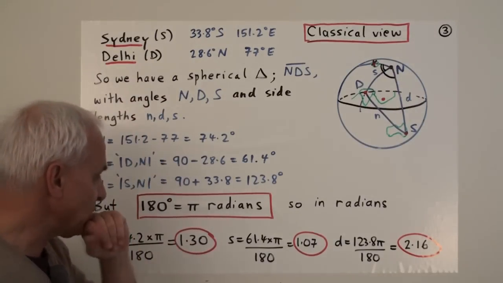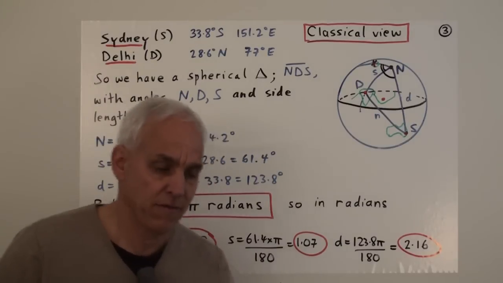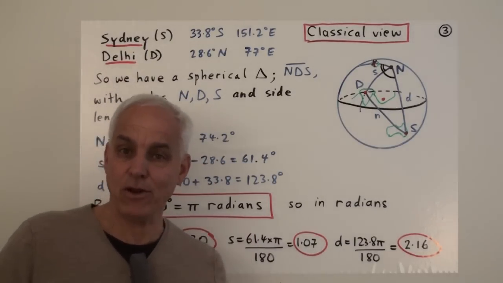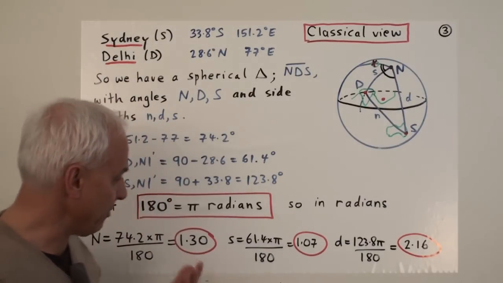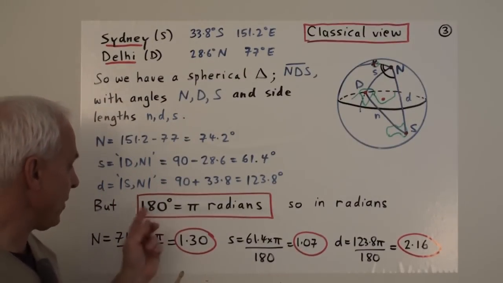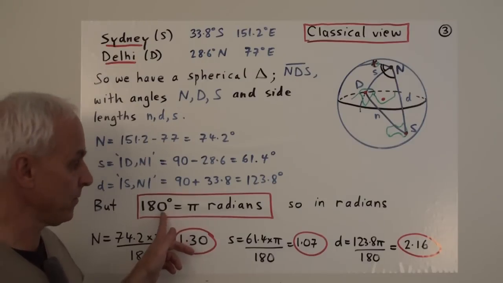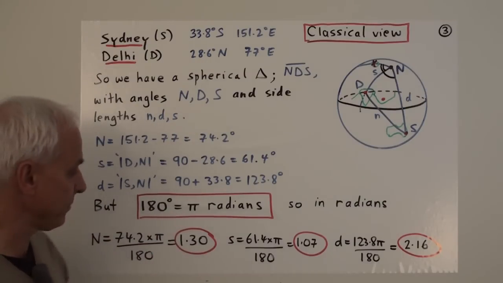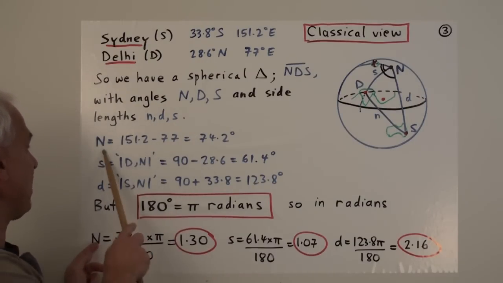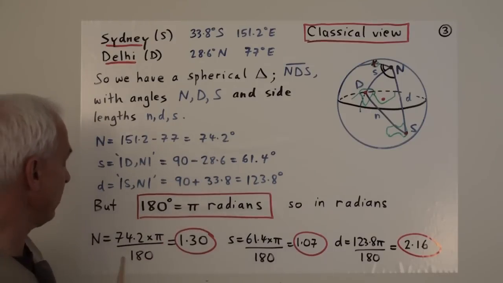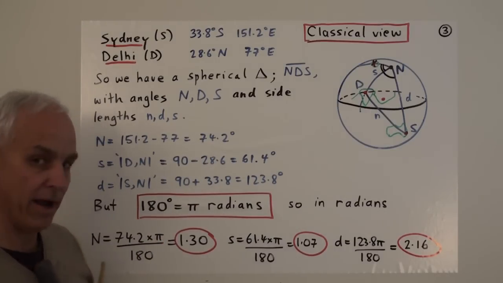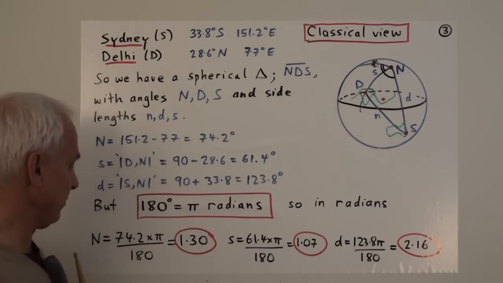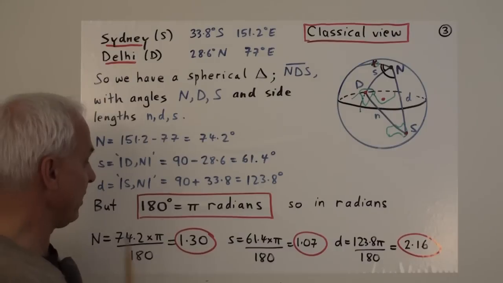But one thing we want to do first is convert from the ancient Babylonian system of angles to the more modern system of radians. Let me remind you that the basic conversion is that 180 degrees is pi radians. So n, which is 74 degrees, we multiply by pi and divide by 180, giving 1.3 radians.